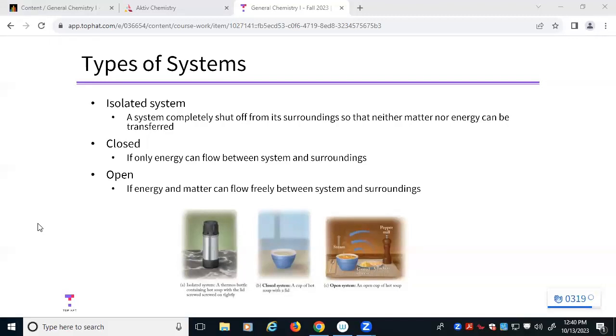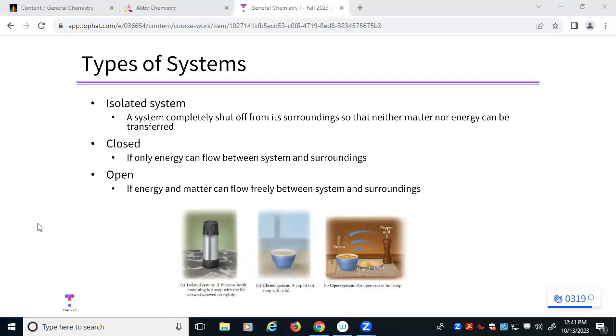Right now, you are sitting in an open system. Matter and energy are freely moving throughout this room. Any kind of open container also satisfies the requirement of being an open system.